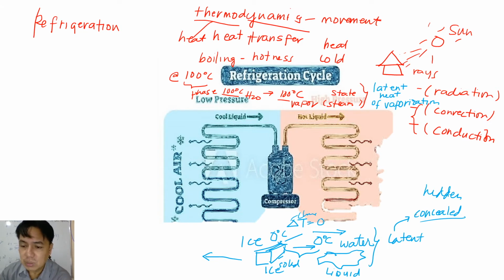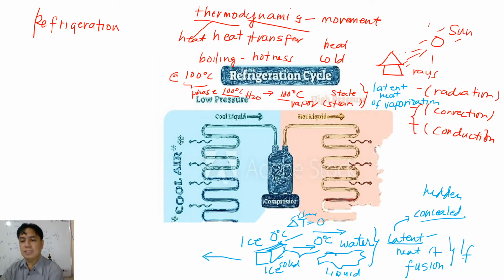So that is why it is called latent or hidden. Now, this latent is not of vaporization because there's no vaporization happening there. This is called latent heat of fusion. That's why we call this LF, latent heat of fusion.